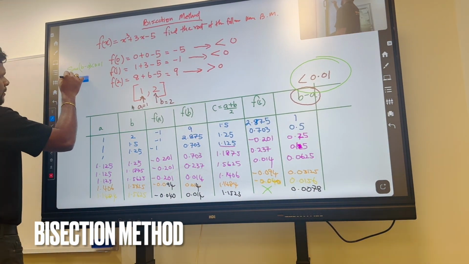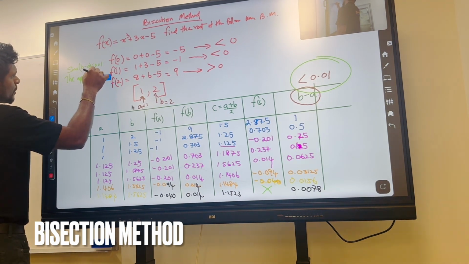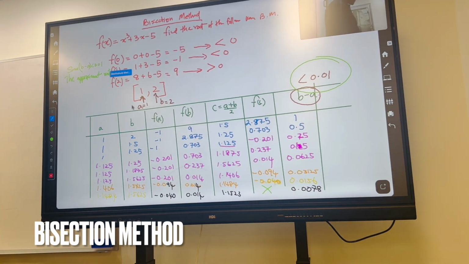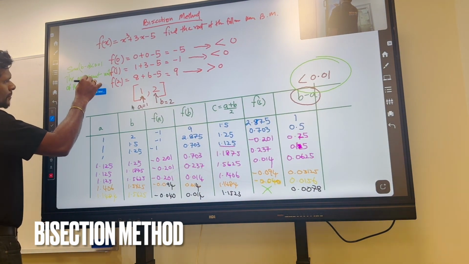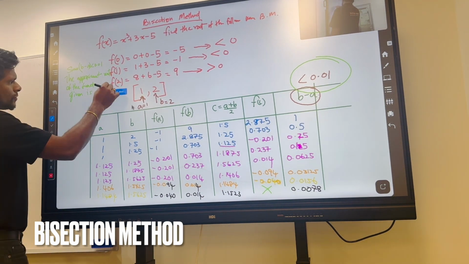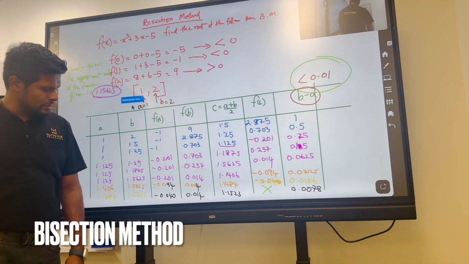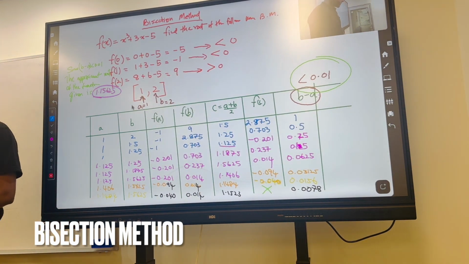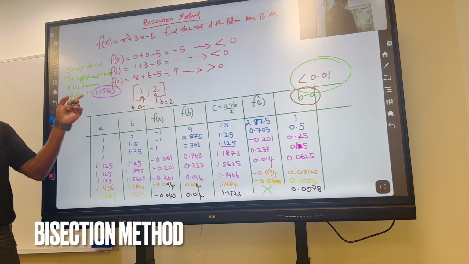Understand? The approximate root of the function given is 1.15. That is the one. Then would you add 1.15? 1.1562.